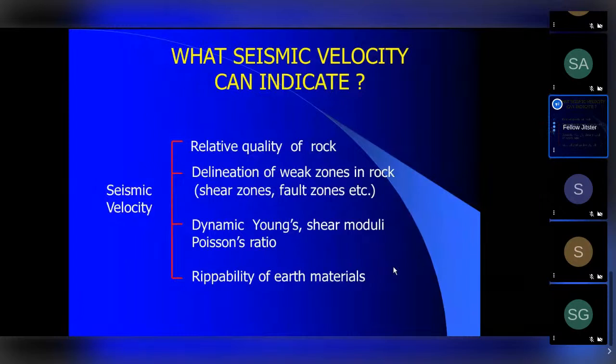because, say, if you make a lot of money tomorrow and you want to buy a house at the foothill of a mountain or a hill, the contractor comes and quotes: so much material I can scoop up, and the charges are this. And if it is very solid basalt, I need to blast, so the charges are different. So how rippable it is, or whether you need blasting, you can tell from the velocity.